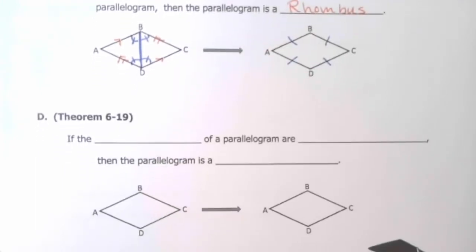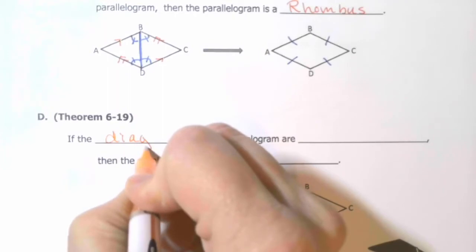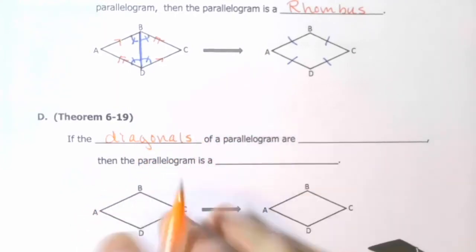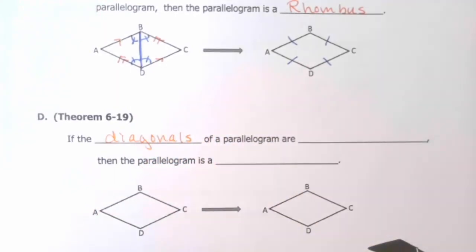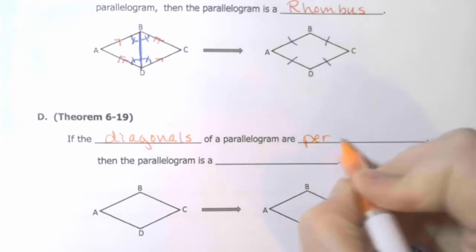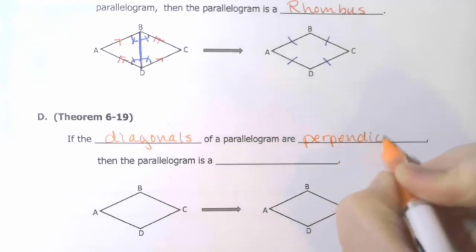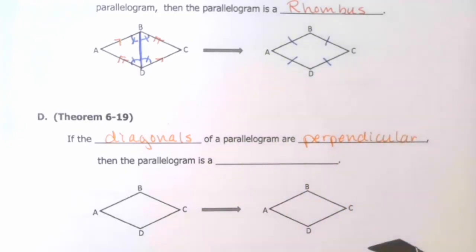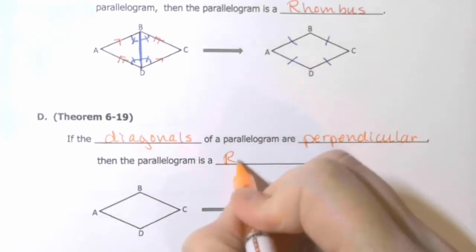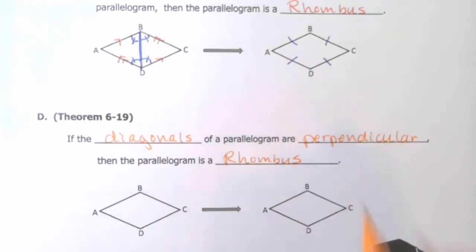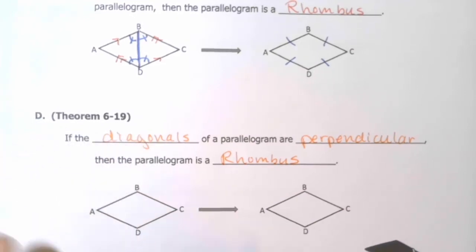All right, Theorem 619. If the diagonals, so we're talking 2 of them, if the diagonals of a parallelogram are perpendicular, then the parallelogram is a rhombus. So you've got a parallelogram here, so let's mark the sides parallel.